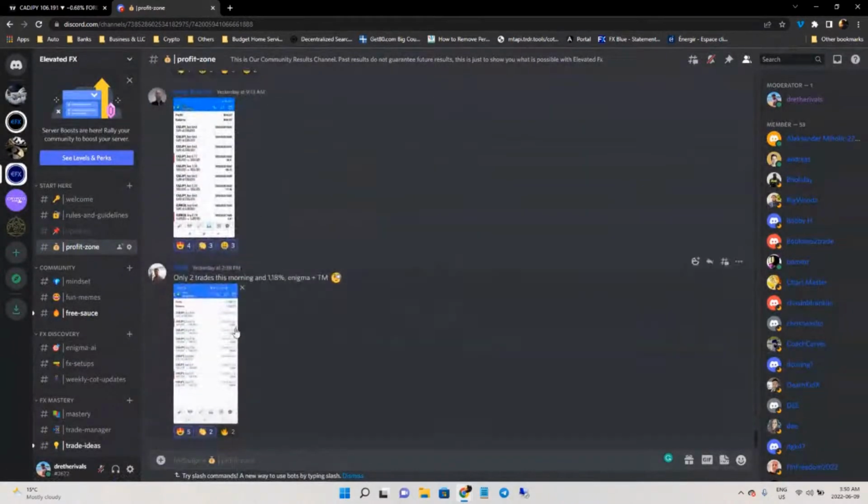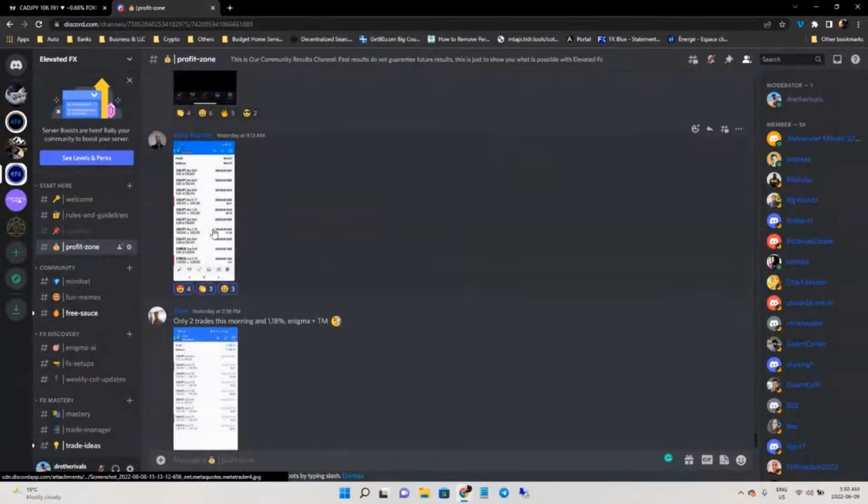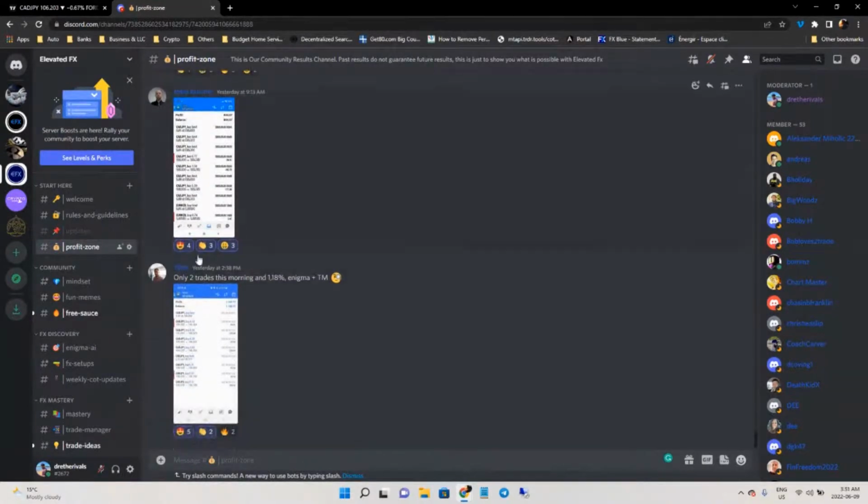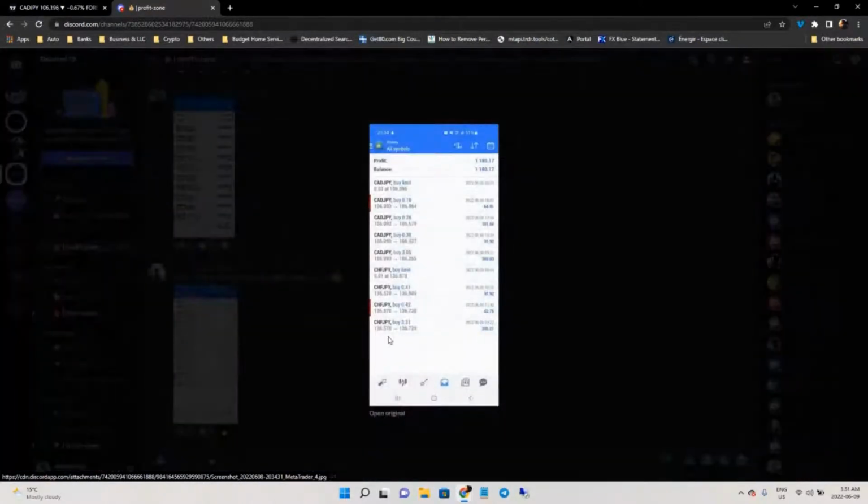Exactly. Okay, perfect. There's another setup that I wanted to look at. It was CHF JPY. So this is an alert. We don't have CHF JPY as an alert here with EFX on the FX setup.